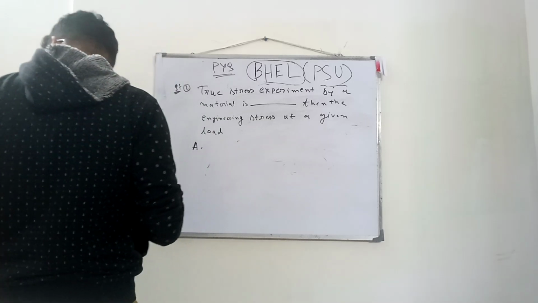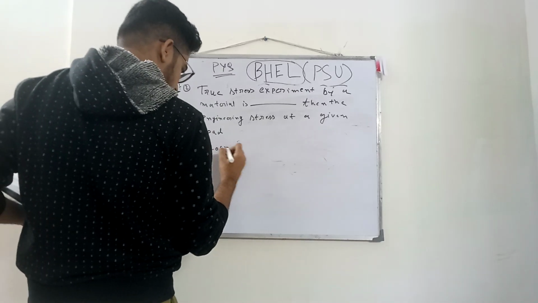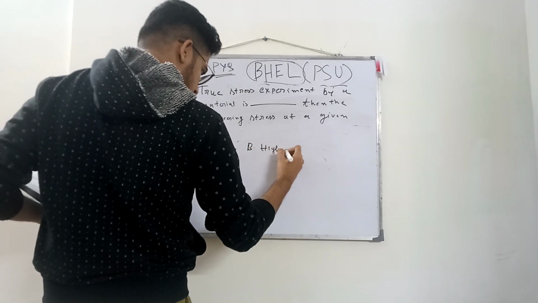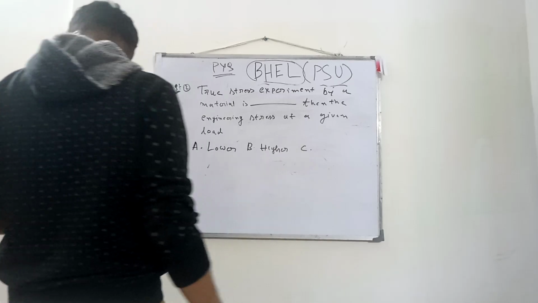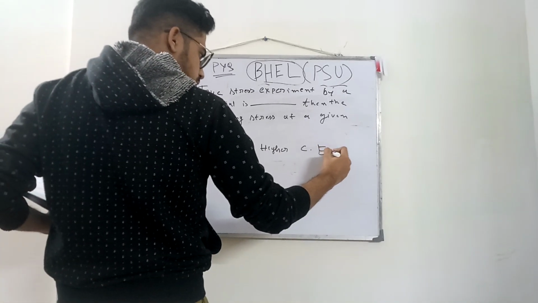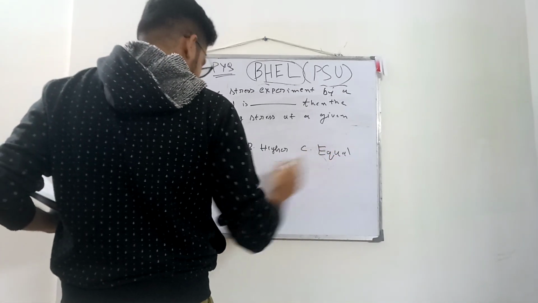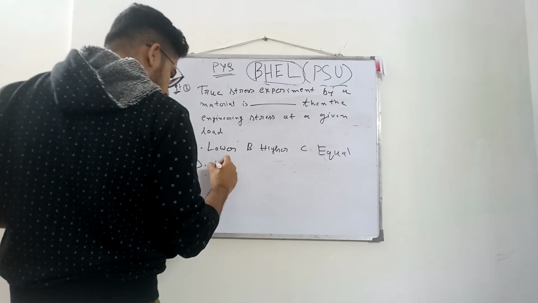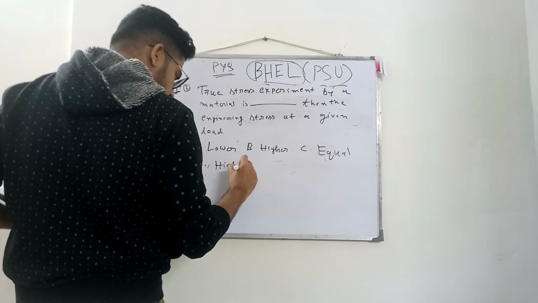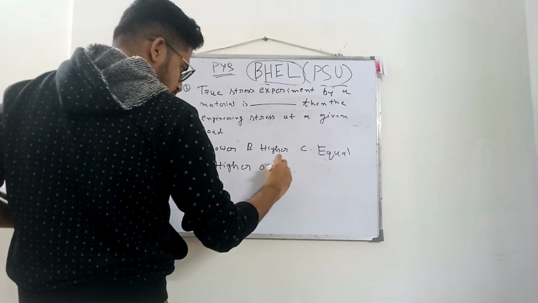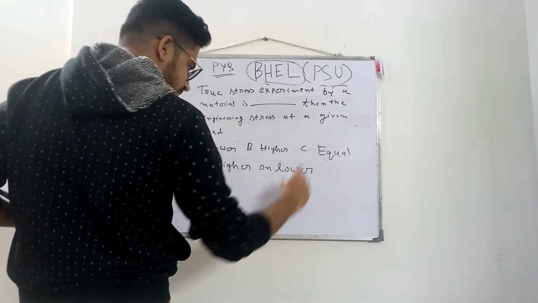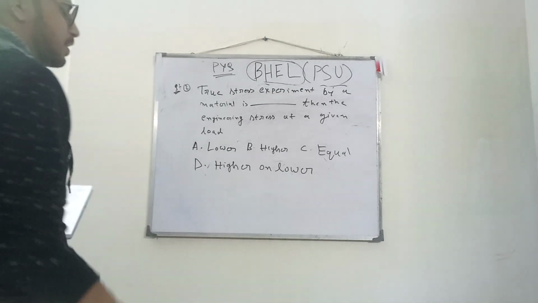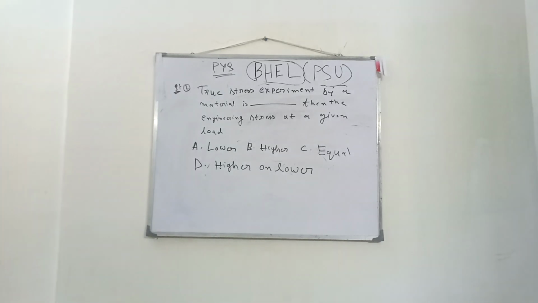Option A, lower. B, higher. C, equal. And D, higher or lower. So these are the options. Note it down. I am giving you 1 minute.